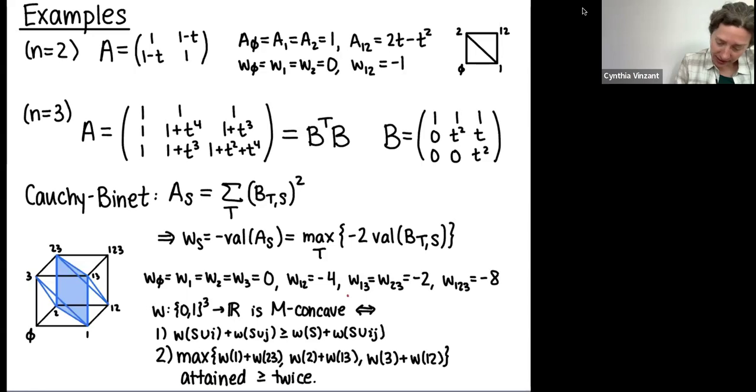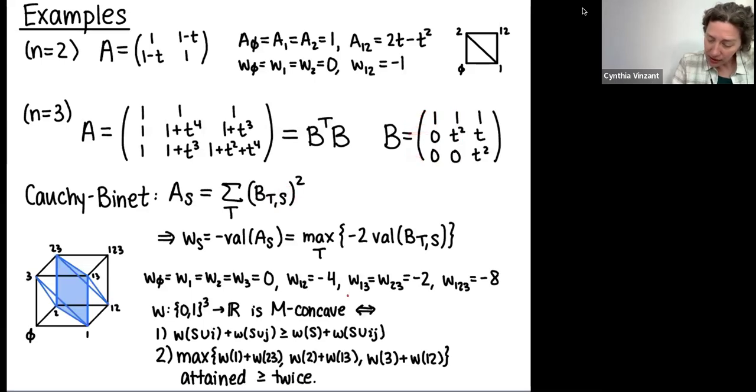And the question is, what happens? So one nice thing about this formula is it gives you a formula for the principal minors of A in terms of all of the minors of B. In particular, this principal minor is a sum of squares of the principal minors of B. So for example, if I'm interested in this principal minor of A, say the 1, 2 minor, what this says is that I'm going to fix the columns 1, 2 of B, and I'm going to range over all subsets of size 2 of the rows.